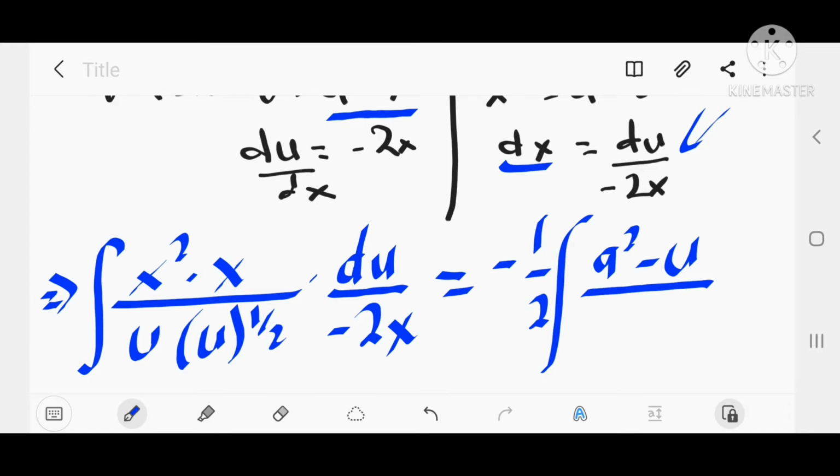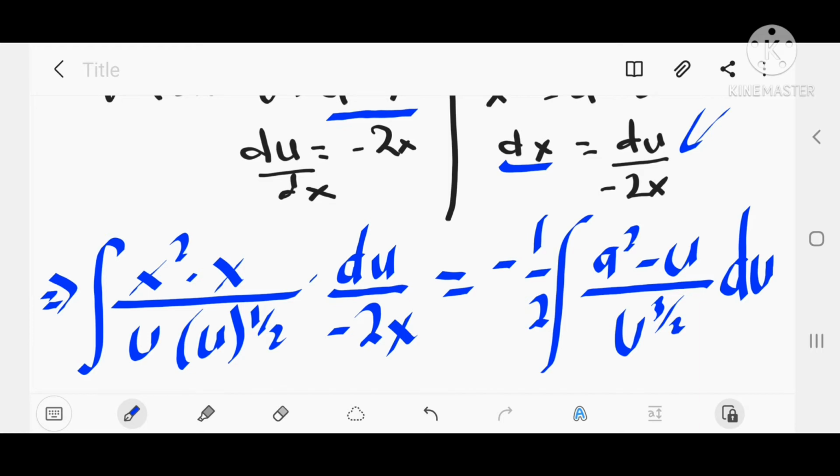Applying the rule of indices, that will be u exponent 3 on 2, du.